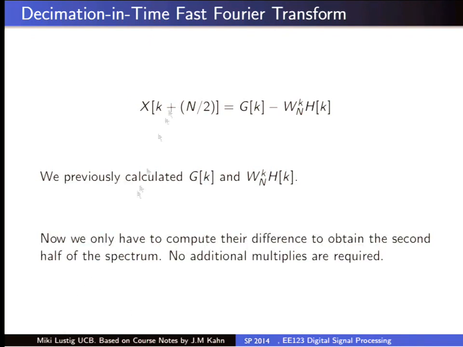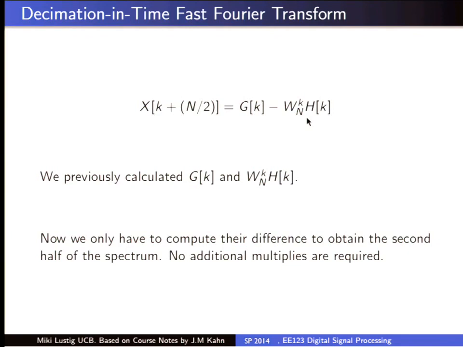Now we can write it this way. The second half is, instead of this being added, it's just being subtracted. So for the first half, you add G and H with those factors, called twiddle factors.